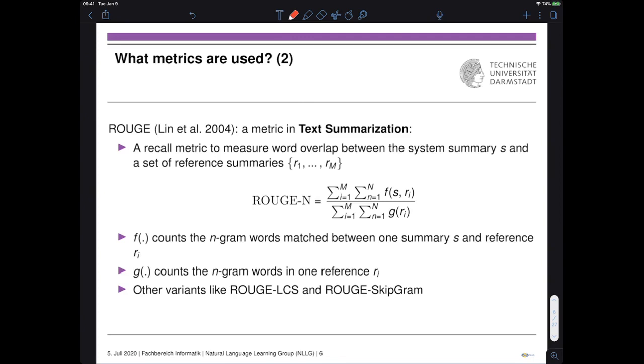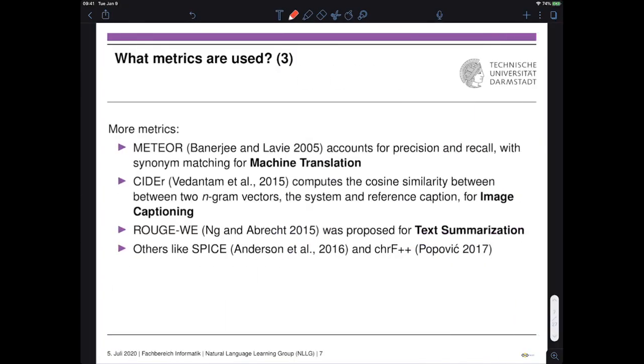In this case, we compute the word overlaps between the system summary and each individual human reference. Then we take the average in order to get the final score. Other metrics like METEOR and CIDEr, etc. are also very popular for text generation evaluation. If you are interested, please refer to the literature for further details.